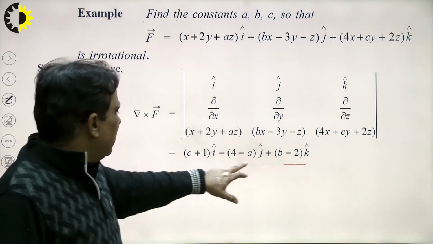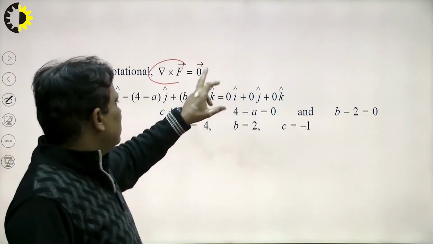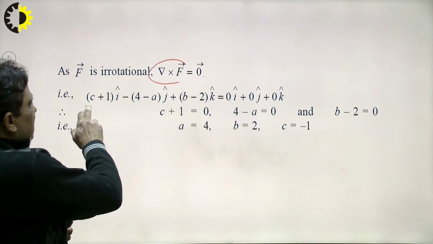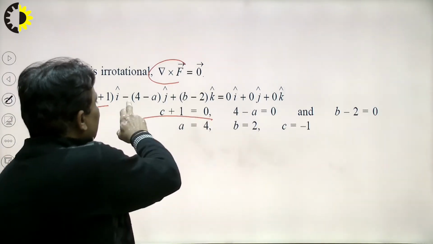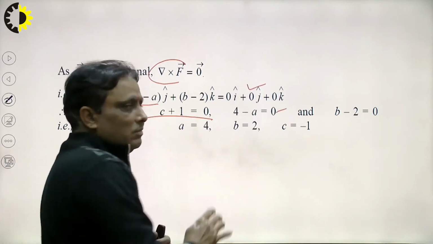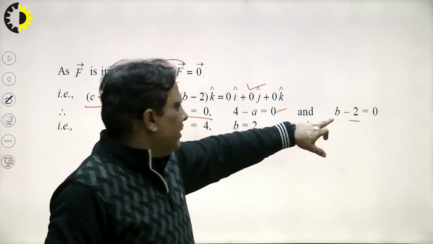Because the vector is irrotational, del cross f is equal to 0. Comparing both sides, the component of i gives c plus 1 is equal to 0. Component of j here is 4 minus a, and on the right hand side 0, I write here 0. b minus 2 is equal to 0, so I write here b minus 2.